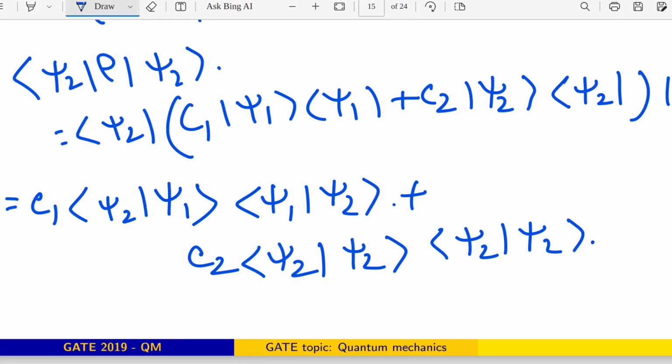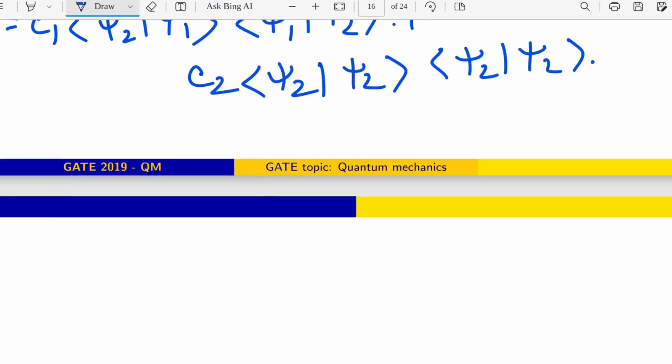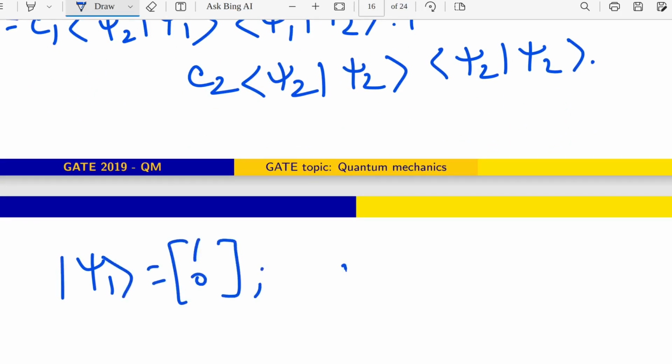Now we have to calculate the values of psi 2 psi 1, psi 1 psi 2, and psi 2 psi 2. As you can see from the expressions of the psi 1 and psi 2 states, psi 1 is nothing but (1, 0) and psi 2 is nothing but (0, 1). So these two are independent states to each other.